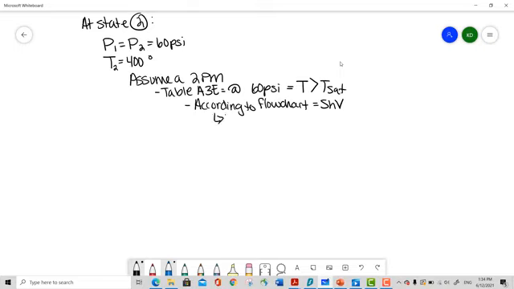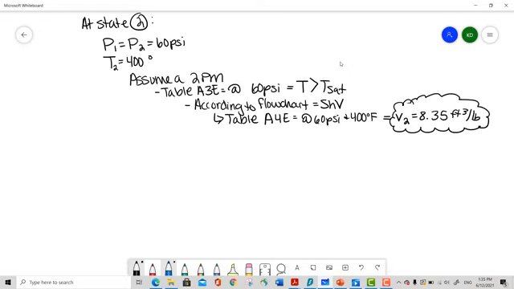Then we go to the superheated vapor tables, A4E, and at 60 psi and 400 degrees Fahrenheit, we know that V2 equals 8.35 feet cubed per pound. And this is the specific volume at state 2.